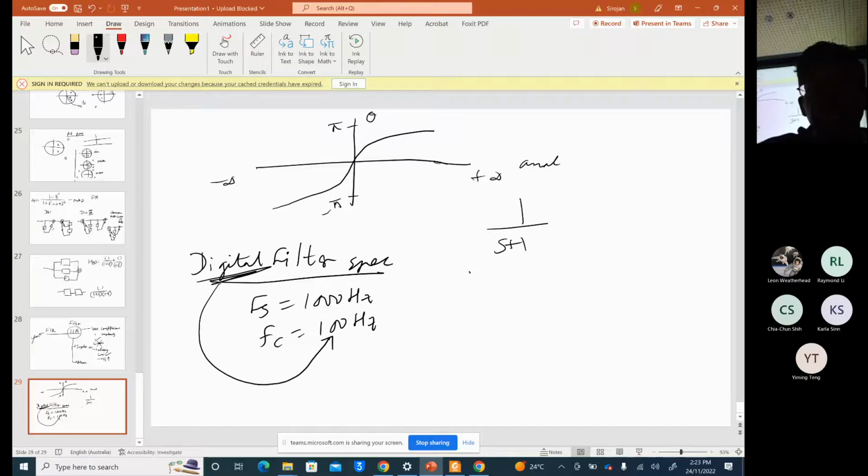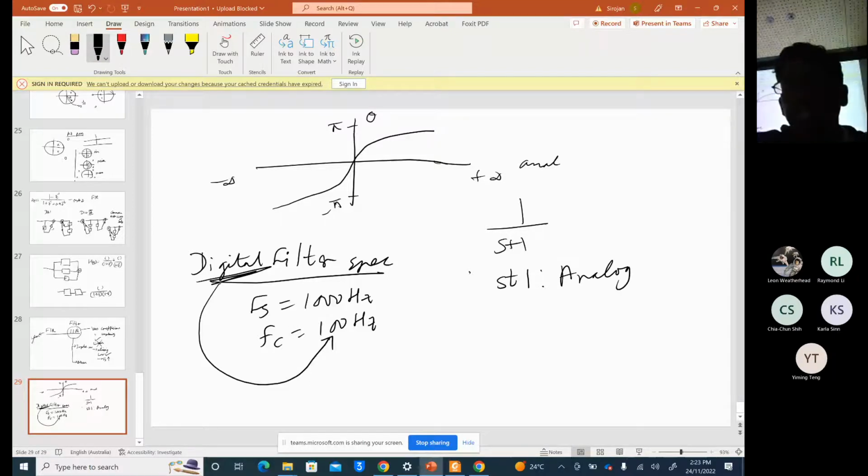Then step one is you will have to get the analog filter. So you need to design the analog low pass filter. For that, you need to know the analog cutoff frequency. So how do you find the analog cutoff frequency?